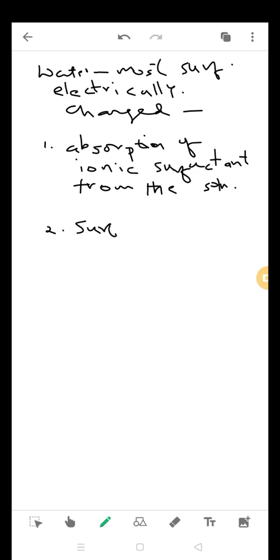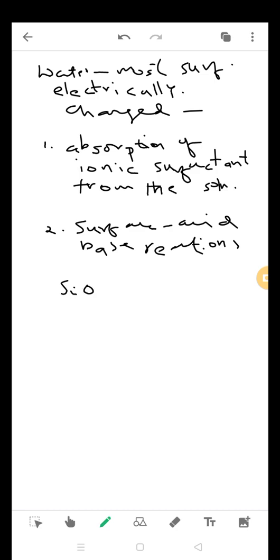For example, SiOH breaking up into SiO minus plus H plus.